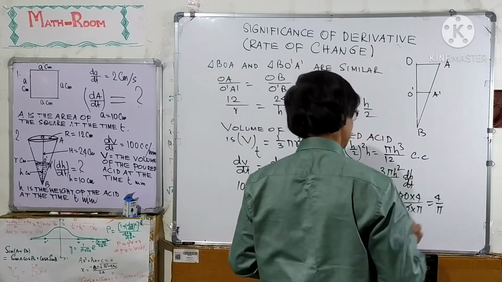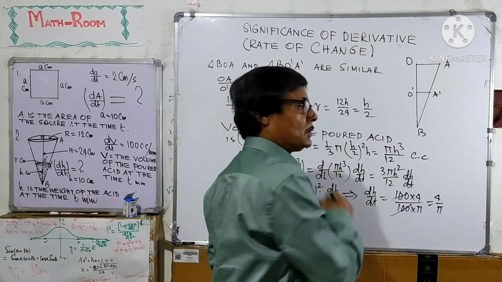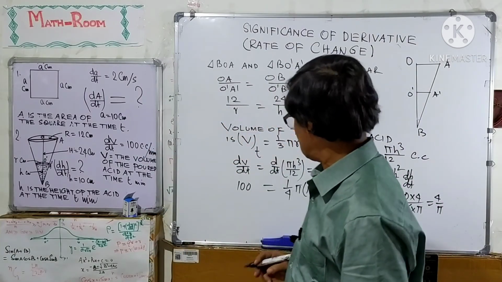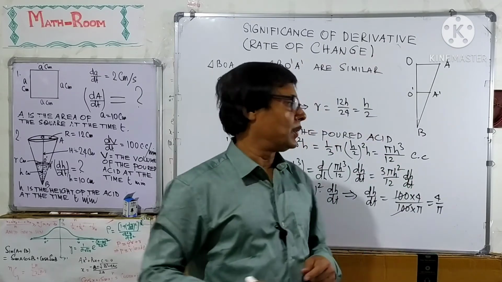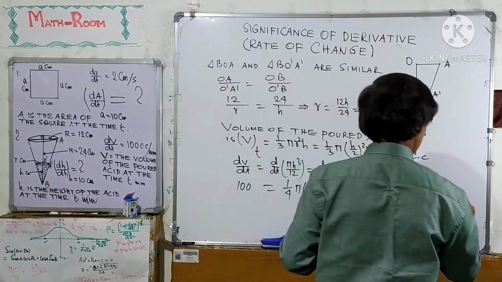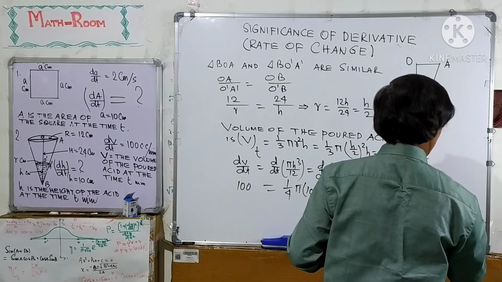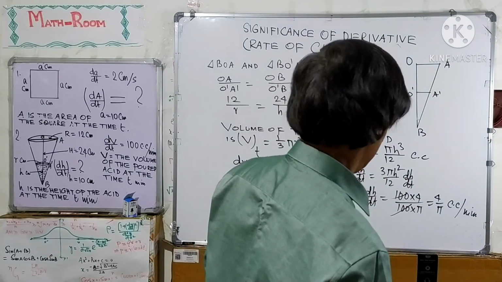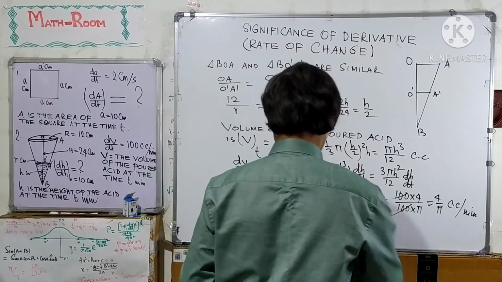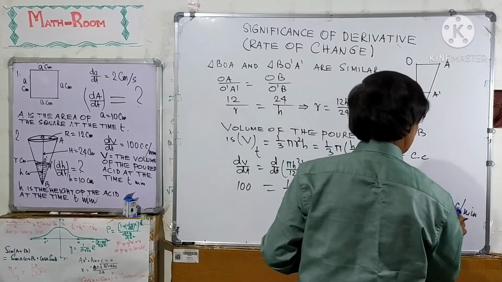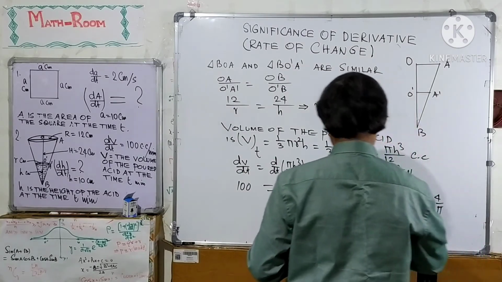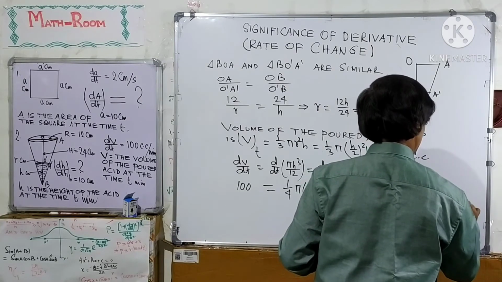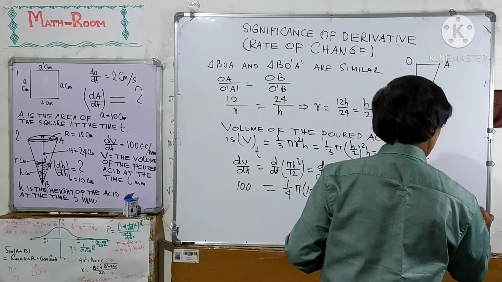This is the rate of change of the height of the poured acid with respect to time t. This value is 4 over pi, and the unit is centimeter per minute, the unit of height per minute.